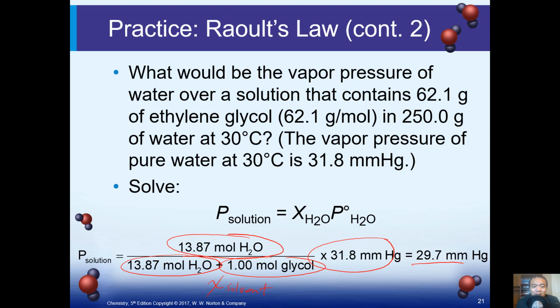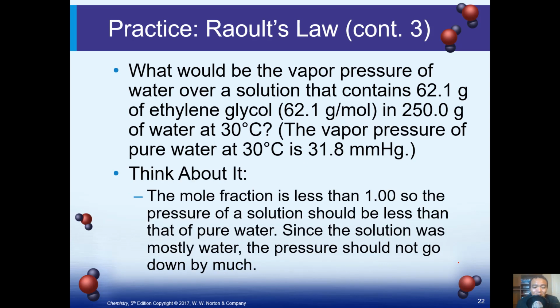When you think about it, it does make sense because the mole fraction is always smaller than 1. You cannot have 100% pure water. If you have 100% pure water, it would not even be a solution, right? It would be a pure solvent like water, okay?